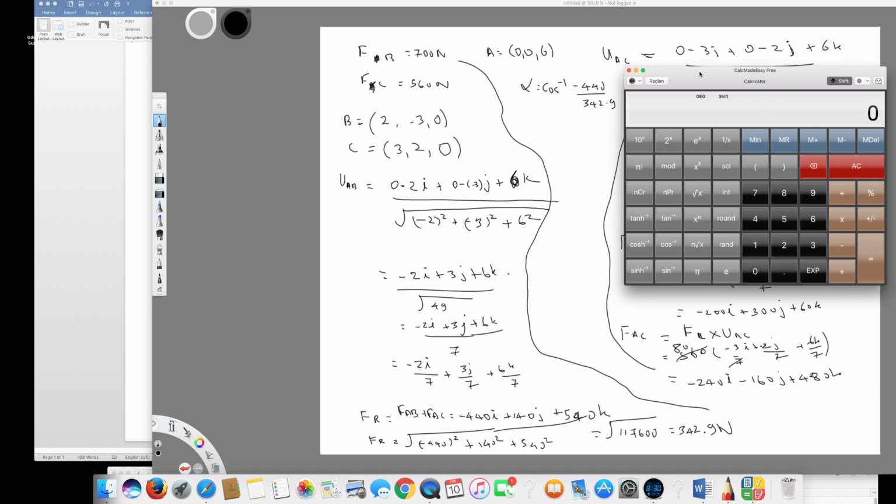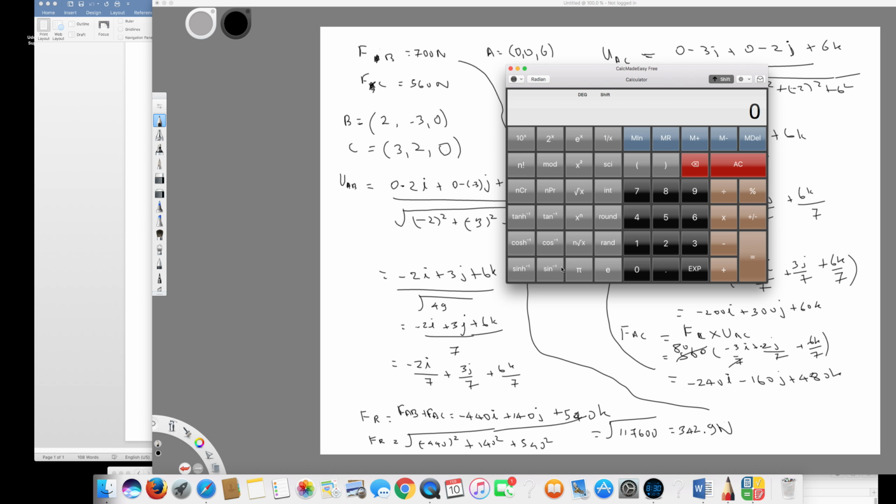Okay, so the FR value is minus 440 squared, plus 140 squared, plus 540 squared. So it's 291600. Okay, we got this number wrong. That's the problem.